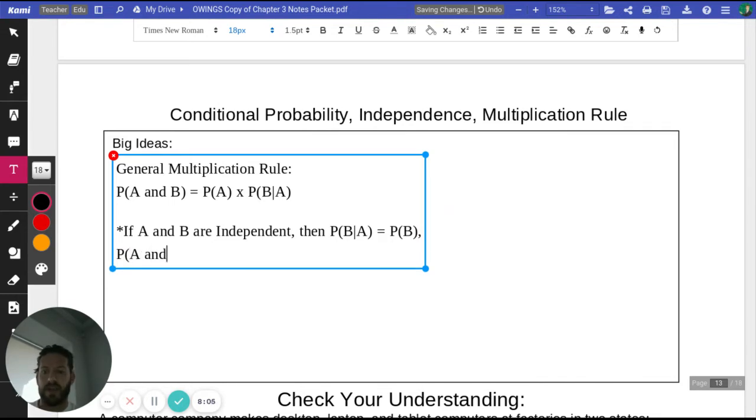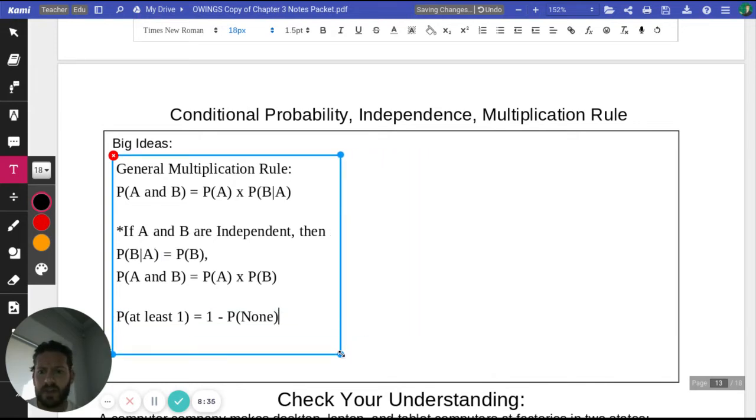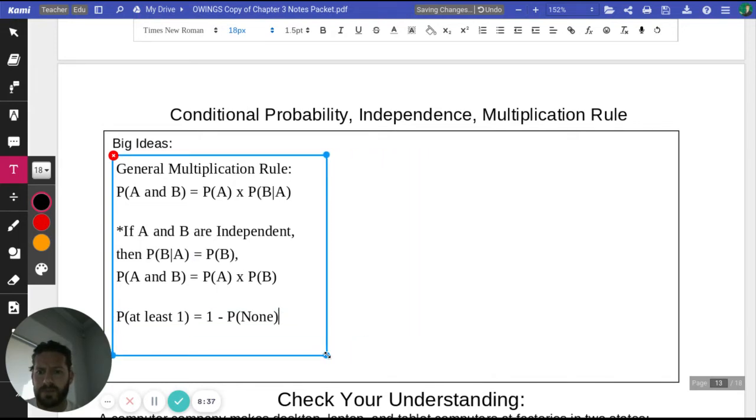So then the probability of A and B is going to just equal the probability of A times the probability of B. And a final little note over here, the probability of at least one occurring is going to be 1 minus the probability of none occurring. And we'll see examples of that in our future studies here.